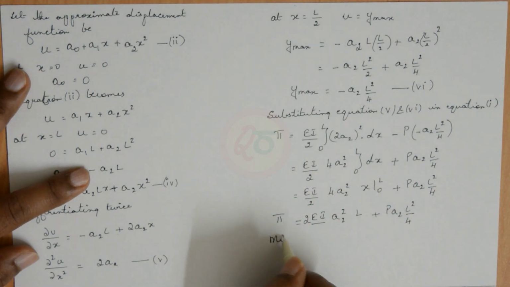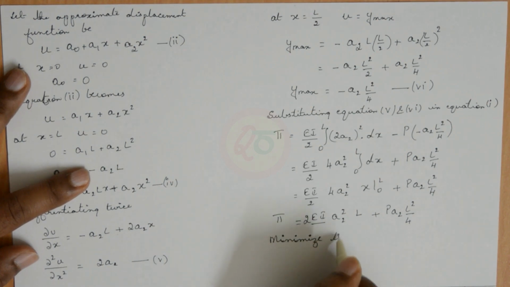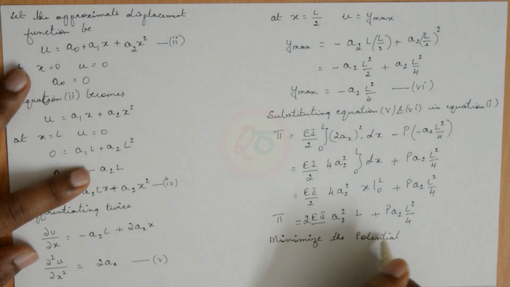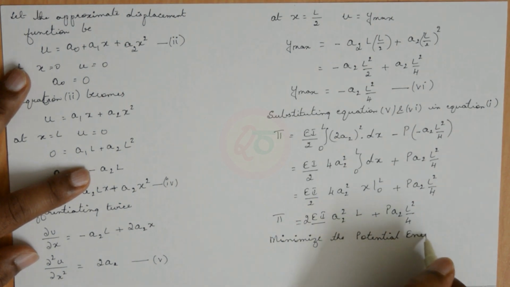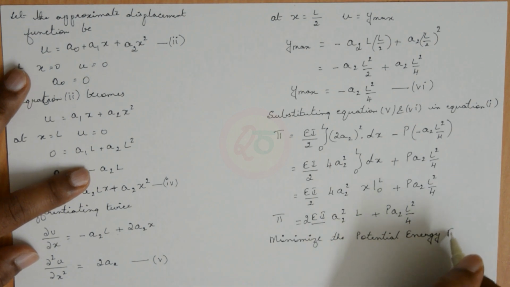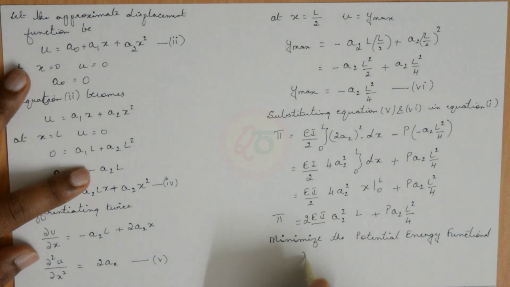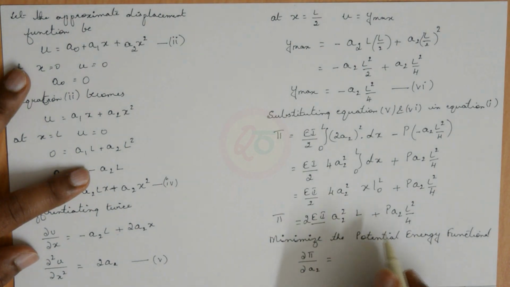The next step is to minimize the potential energy functional. Minimizing the potential energy functional, dou pi by, the variable that is present is a2.